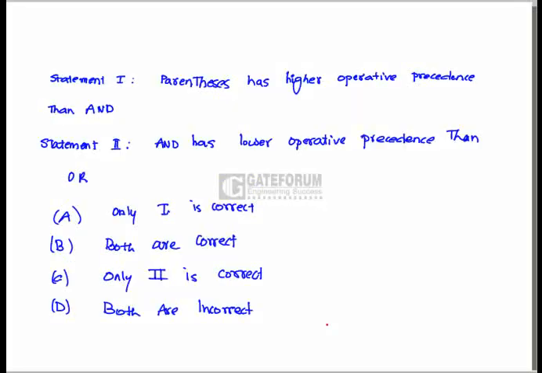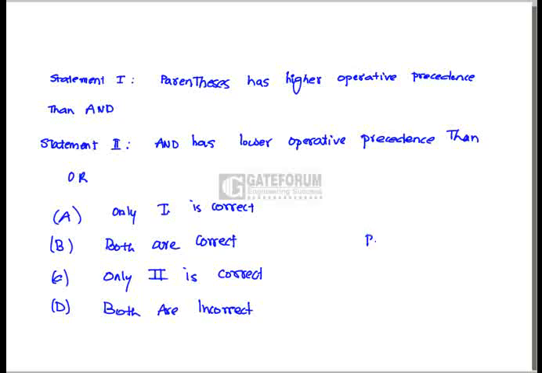Question is, statement 1. Parenthesis has higher operator precedence than AND. Statement 2, AND has lower operator precedence than OR. If we go through the order of precedence of operators, NOT, parenthesis and OR are following in this order.